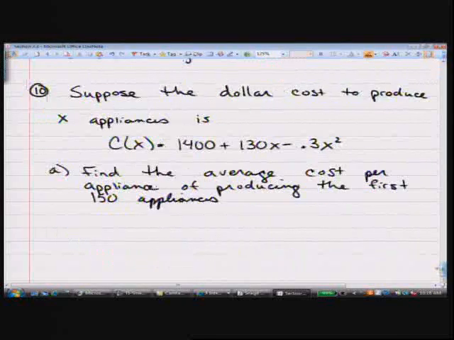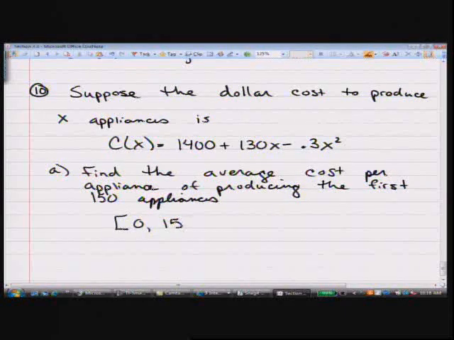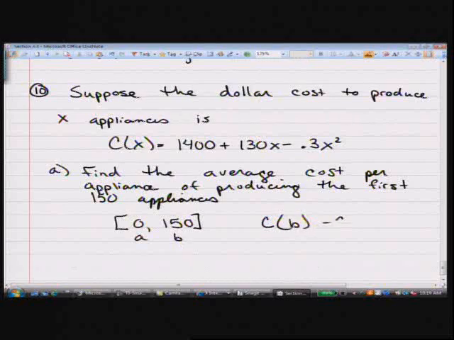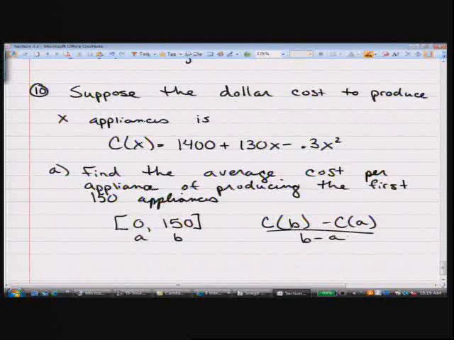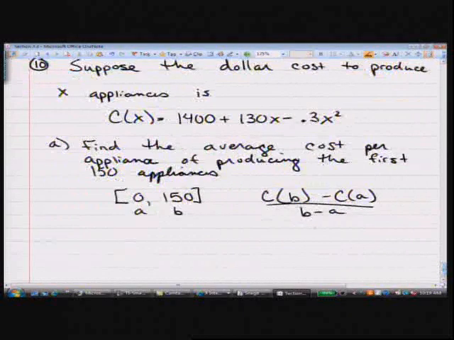Okay, the average cost. All right, so your interval is from 0 to 150. And remember, average rate of change, you just do change in y over change in x over the interval. So you're going to do the cost. Remember, it was f of b minus f of a over b minus a. Well, here it's going to be c of b minus c of a over b minus a, where b is 150 and a is 0.